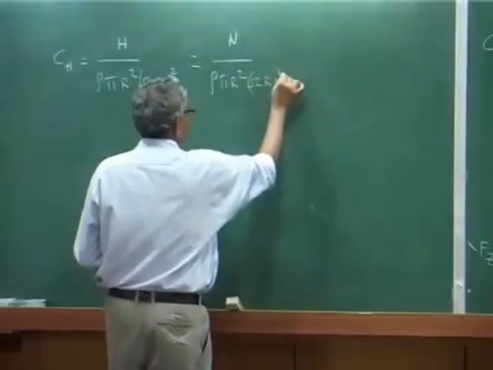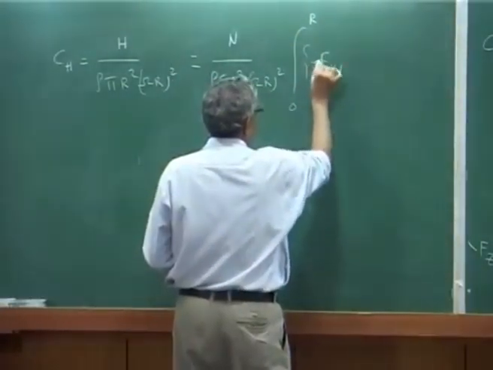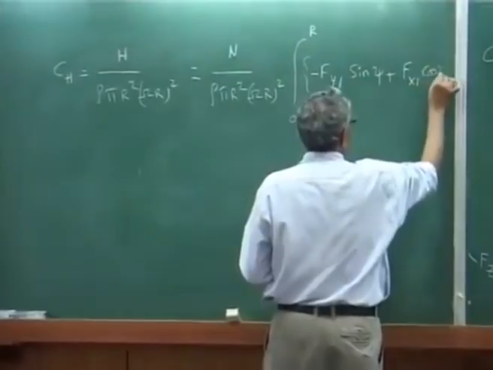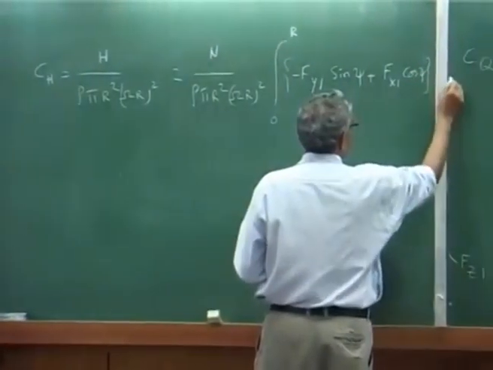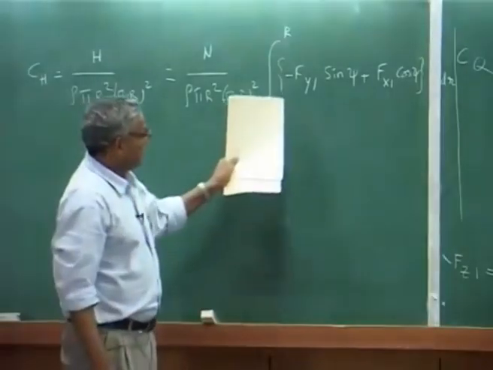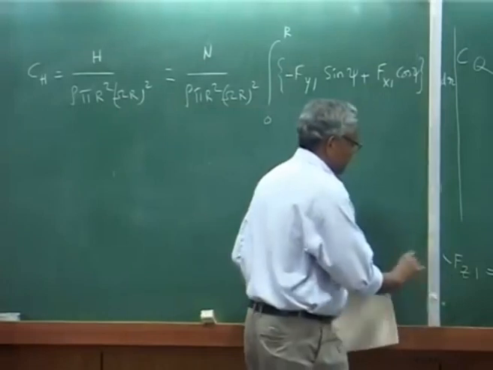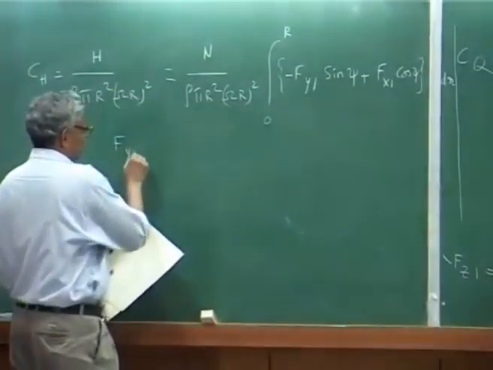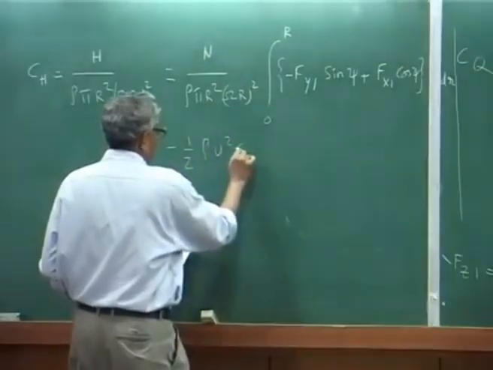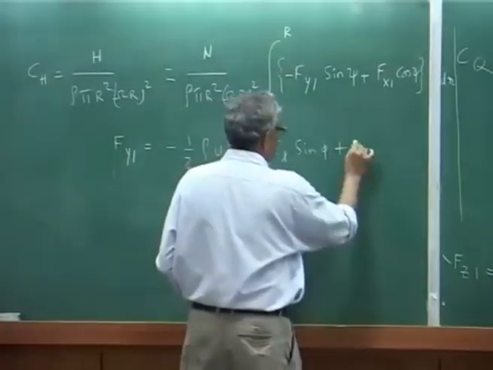You go back, look at the whole thing, it will be 0 to r, of f y 1 with a minus sign, sin psi plus f x 1, into dr. You know f y 1 and f x 1, because f y 1 we wrote earlier, that is minus half rho u square c, C L sin phi plus C D 0 cosine phi.